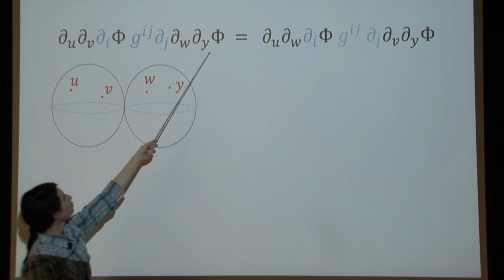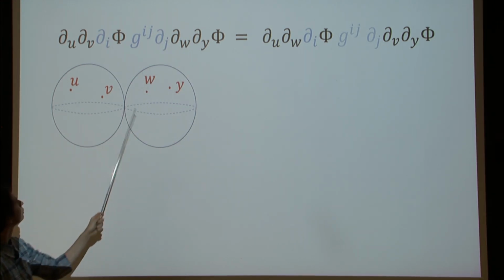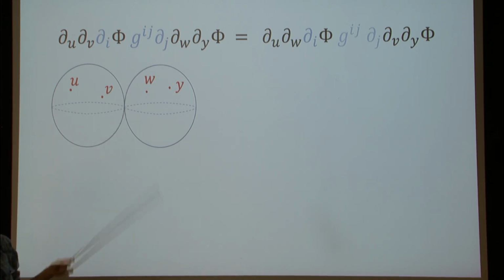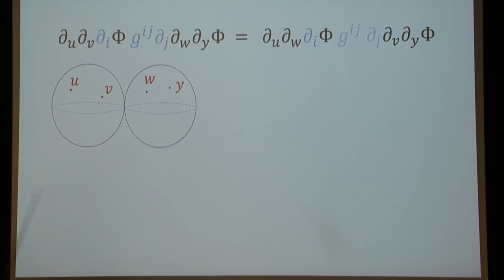Let's take also all spheres with constraints in w and y, and this is this sphere. And the grayed out part is just a fancy way of saying this sphere is intersecting the other sphere. And so in total, the left-hand side tells you we consider all those configurations of a nodal curve where we have just two spheres intersecting. One of the spheres has constraints in u and v. The other sphere has constraints in w and y.